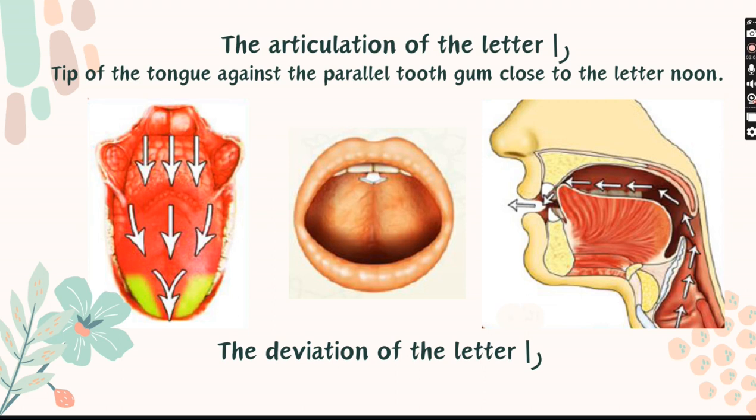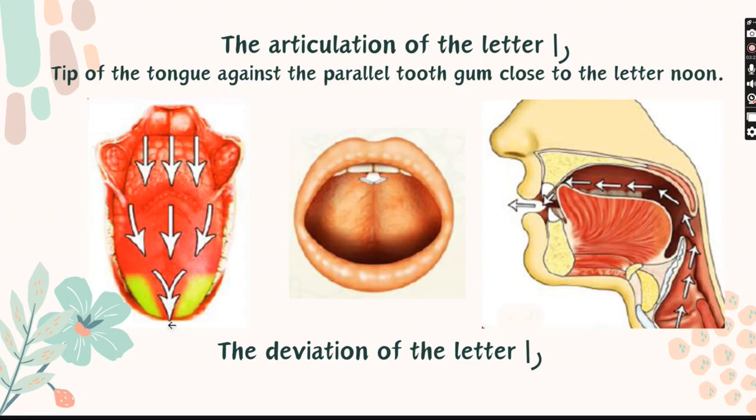Now what happens here? You see the sound is running from inside, from the vocal cords. It runs upwards. So we can see the diagram on the left. Here is the sound movement shown by the arrows. And then what happens?